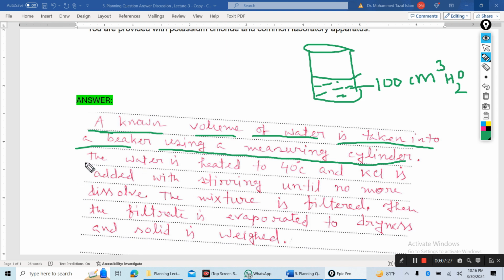Then the water is heated up to 40 degree centigrade and potassium chloride is added with stirring until no more potassium chloride dissolves.